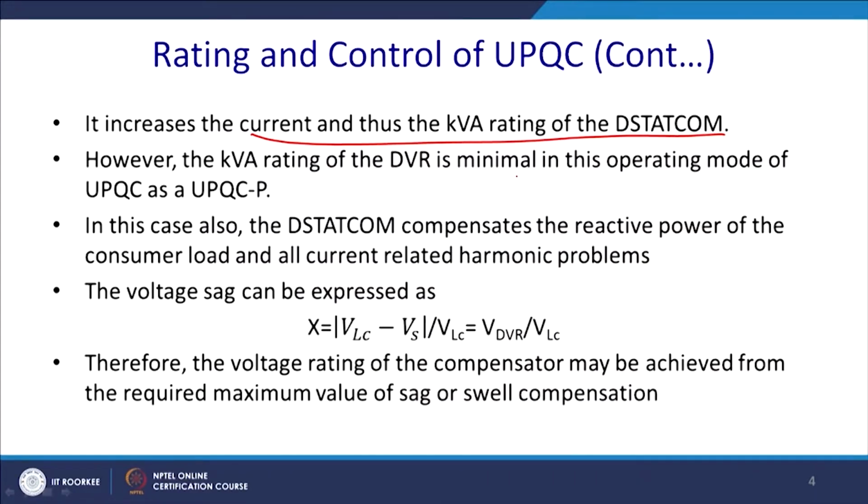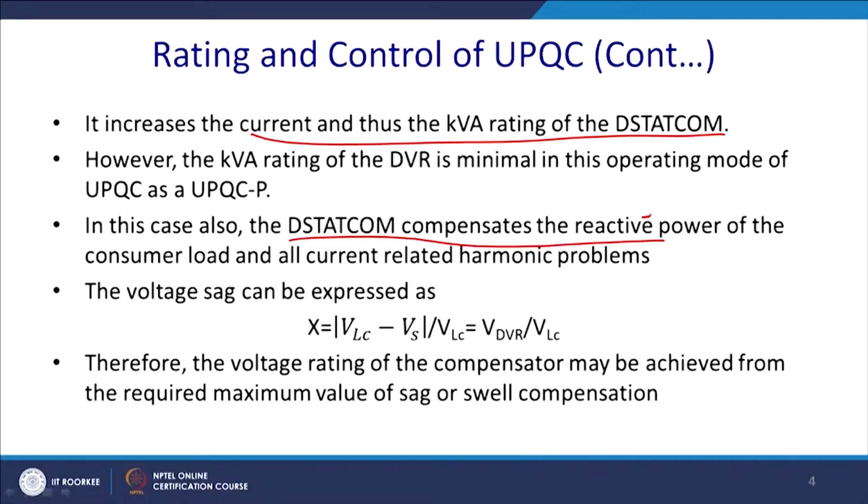However, the kVA rating of the DVR is minimal in this operating mode of UPQC-P, since it only injects the in-phase component of the voltage, but the series rating increases because it has to feed the real power through it. In this case also, the DSTATCOM compensates the reactive power of the consumer load and all the current related to the harmonic problem. So, this just acts as a shunt active power filter.